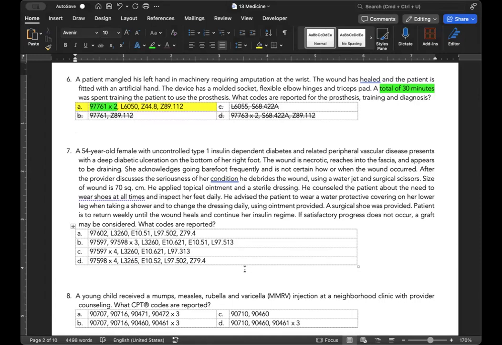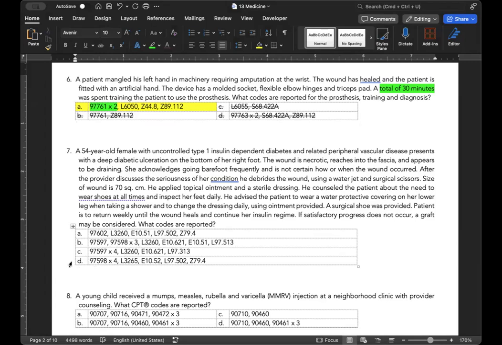Okay. I see that L3260 is in 3 of them, so it's got to be at least A, B, or C. That's just what I can think. But do process of elimination that way. I like to do it to where we can rule out as many as possible, right?